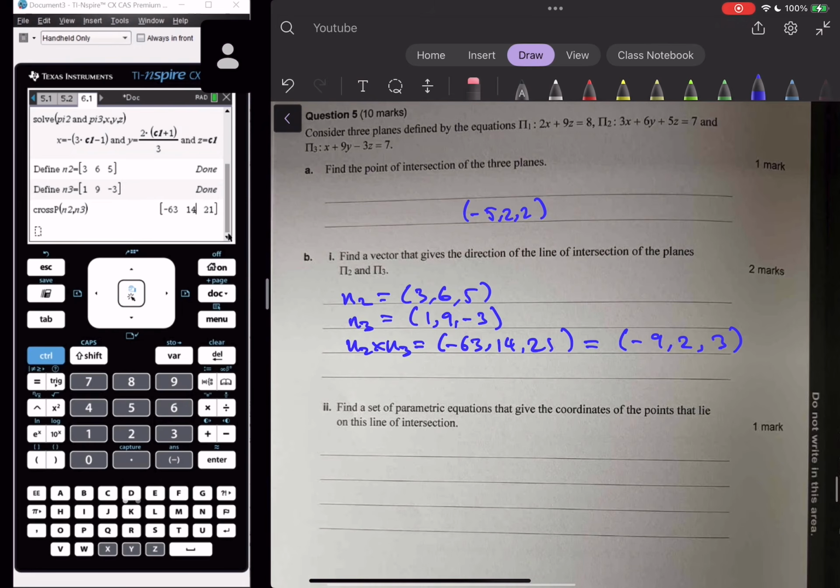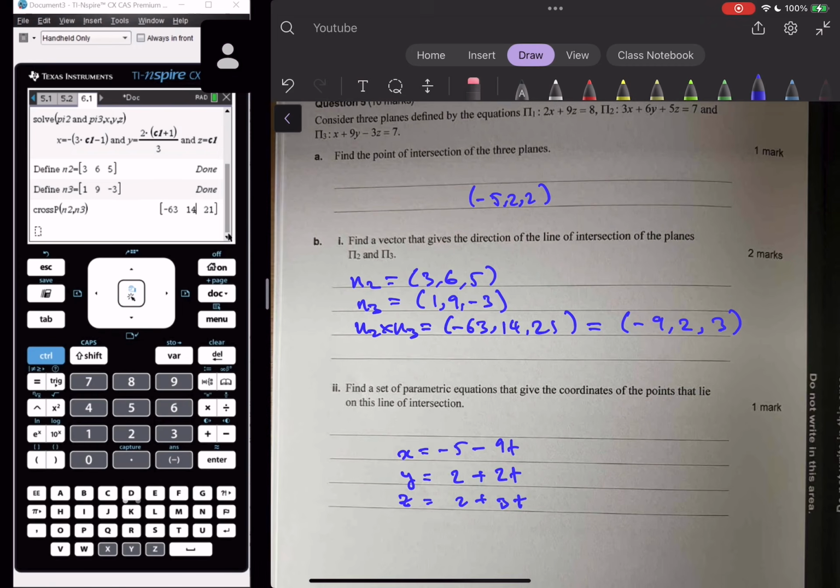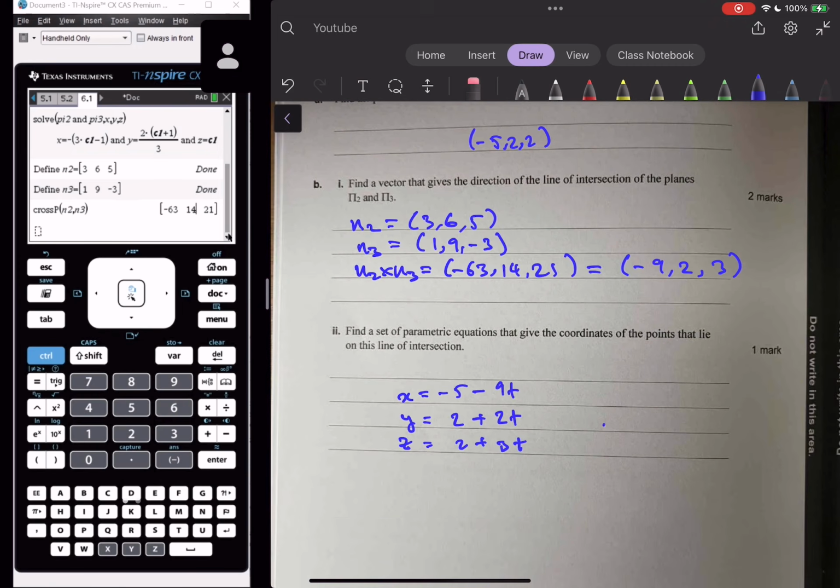Well, we have the point of intersection, so I guess we can just write x, y, z equals -5, 2, and 2, and then plus 9, 2, and 3, and then we'll just tack on a t there. And t is in R.